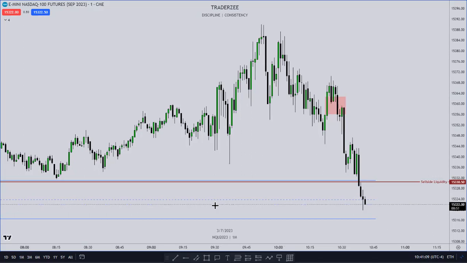I think we delivered. We got two setups and we tape read two setups, two 5 handles worth. So I think that should be enough for today, right? We were looking for just one and we got two, so we should be happy now.